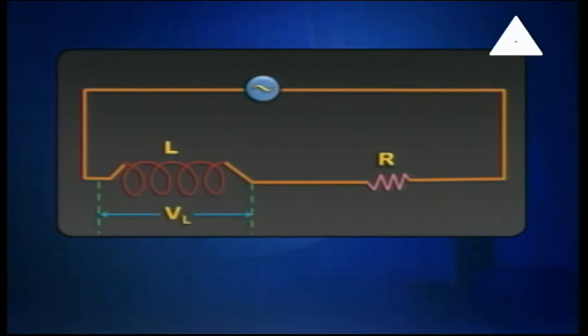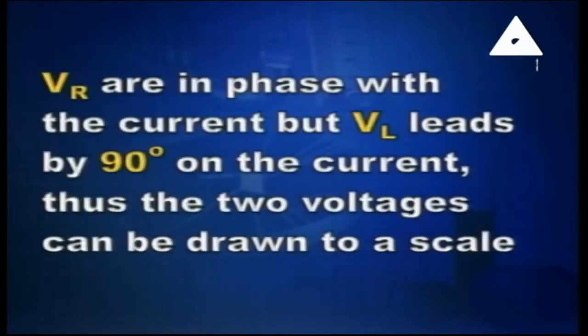Voltage across the inductor is denoted by VL, and that across the resistor is denoted by VR. VR is in phase with the current, but VL leads the current by 90 degrees.